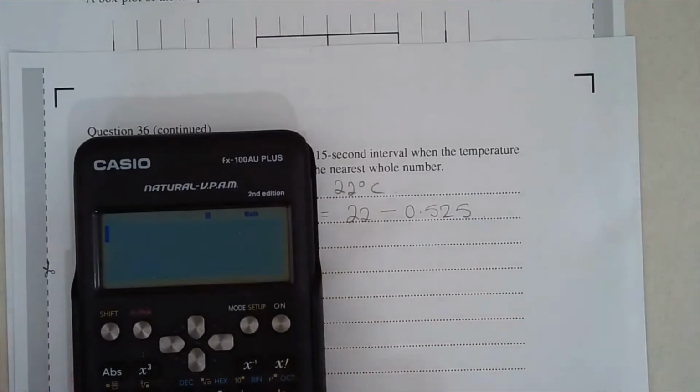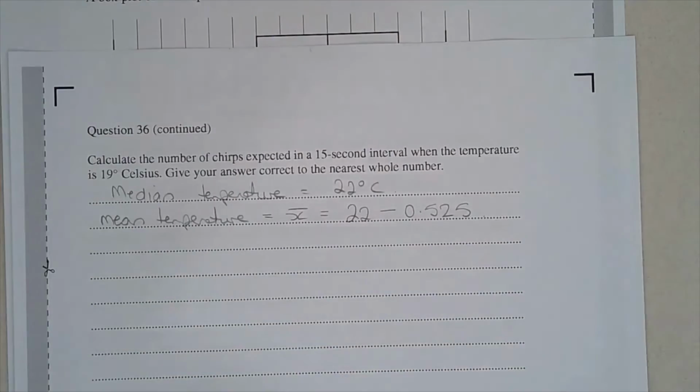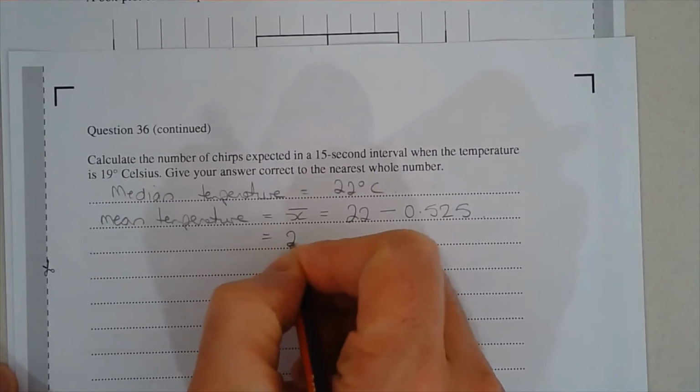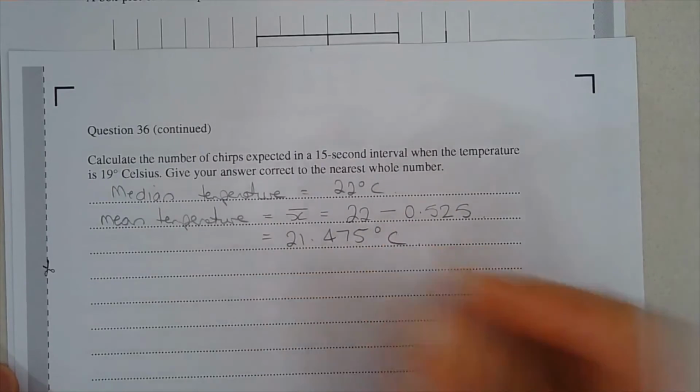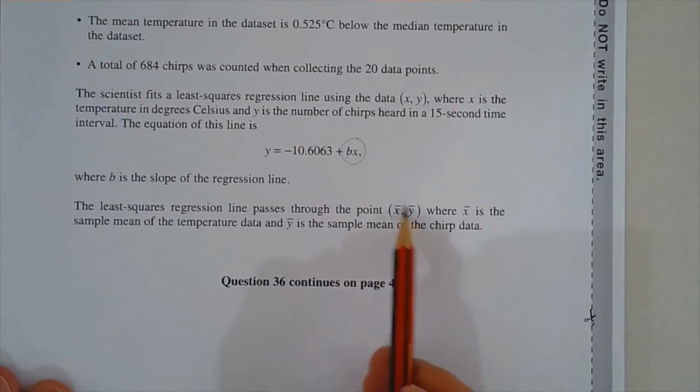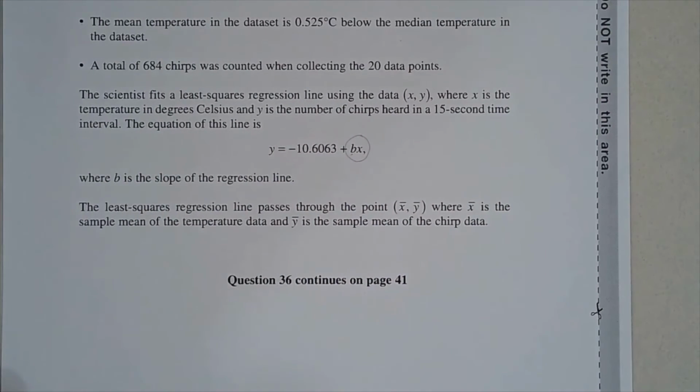And we get 21.475. So this is x bar that we will need to use in order to calculate the slope of the regression line, b.